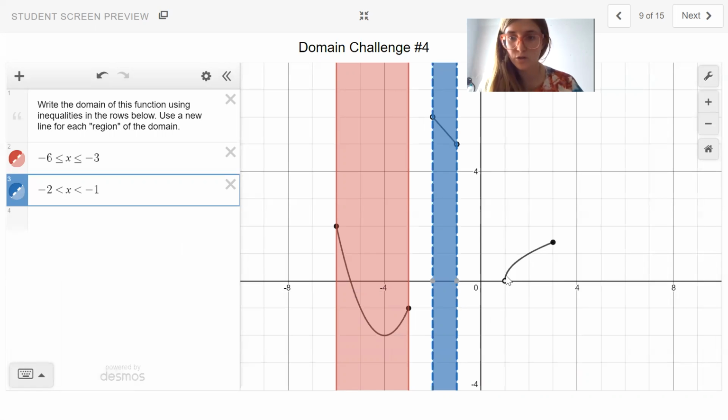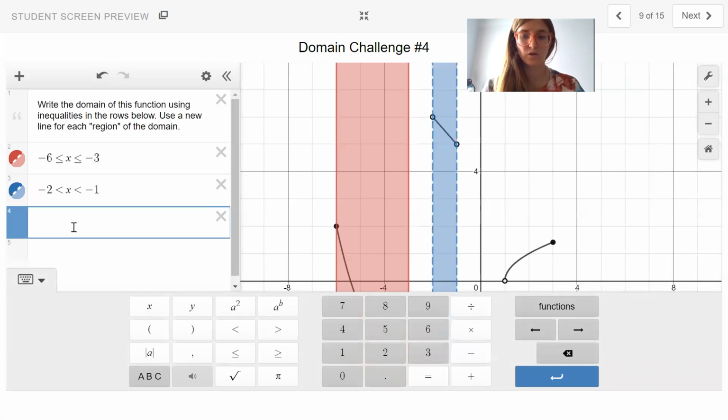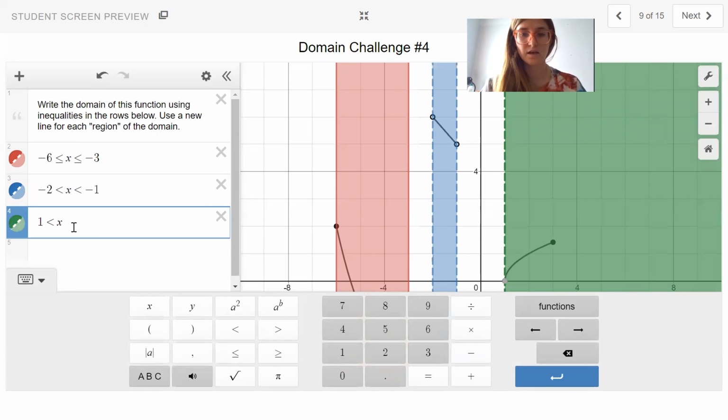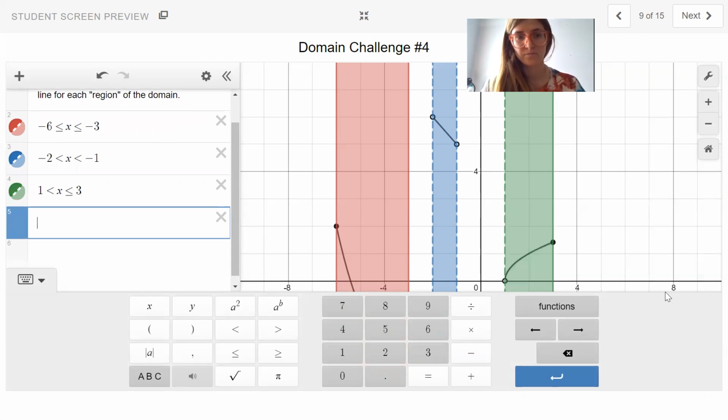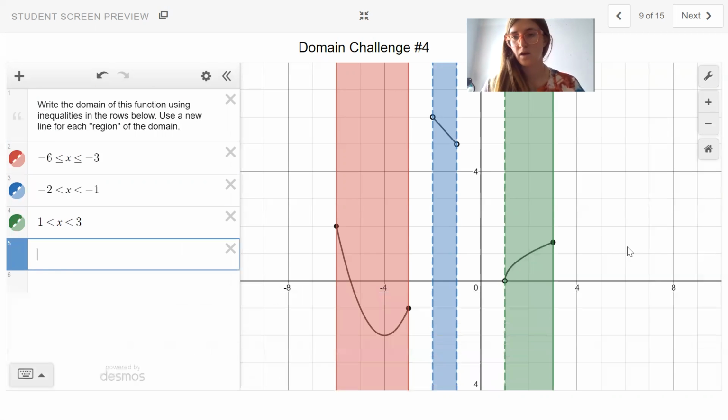I'm not going to include 1, but I will include 3. So it goes from 1 less than x less than or equal to 3. And that's it for that one.